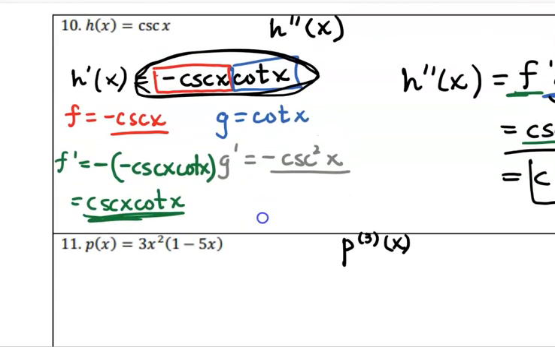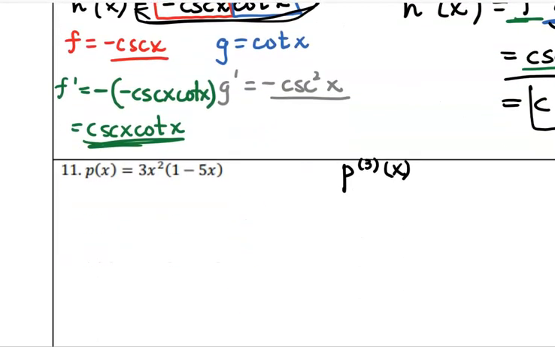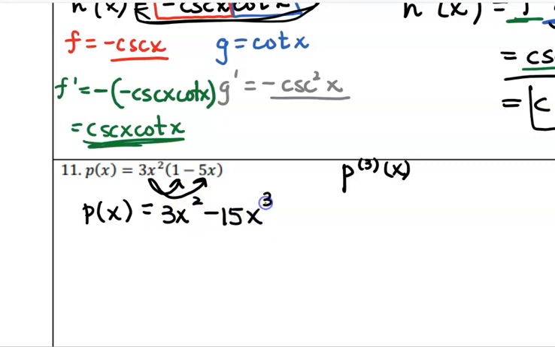I think the product rule is more straightforward there. But for number 11, you do not have to use the product rule because you can first simplify the original function by distributing the 3x squared to get 3x squared minus 15x to the third. And then you can start taking the derivative using the power rule.